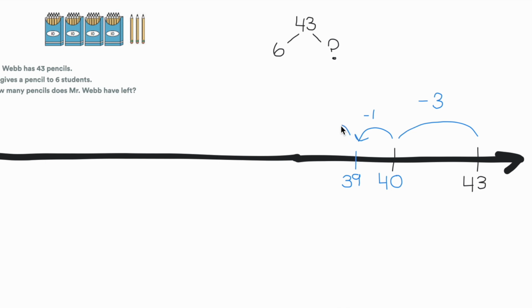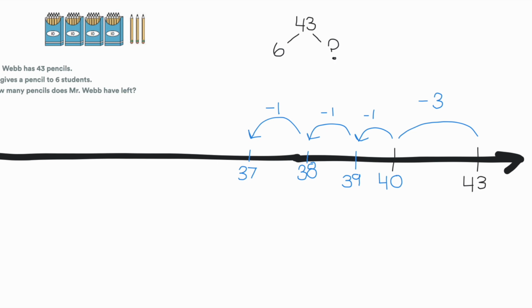Okay, so subtract 1 more, and I know 9 minus 1 is 8, so 39 minus 1 must be 38. All right, and now let's see, 3, 4, 5. Okay, remember I have to separate 6. Okay, so I'm going to subtract 1 more, 3, 4, 5, 6. Yep. Okay, 38 minus 1, that would be 37.